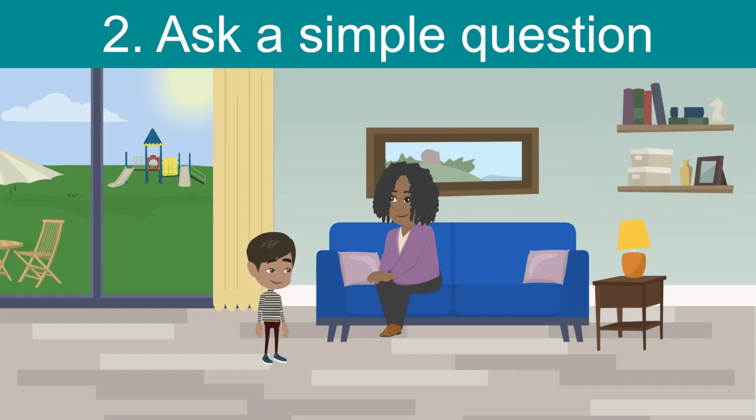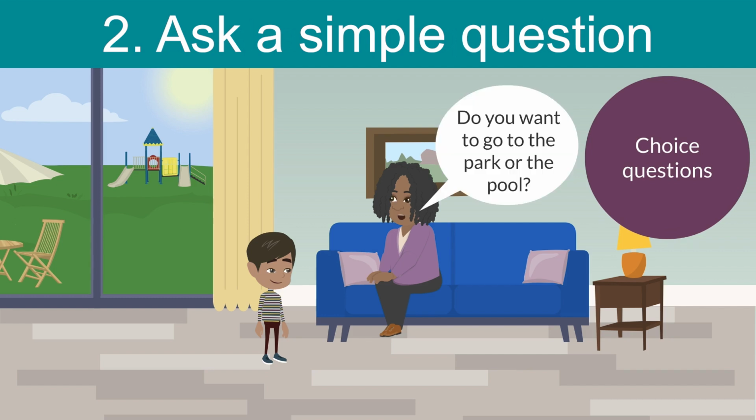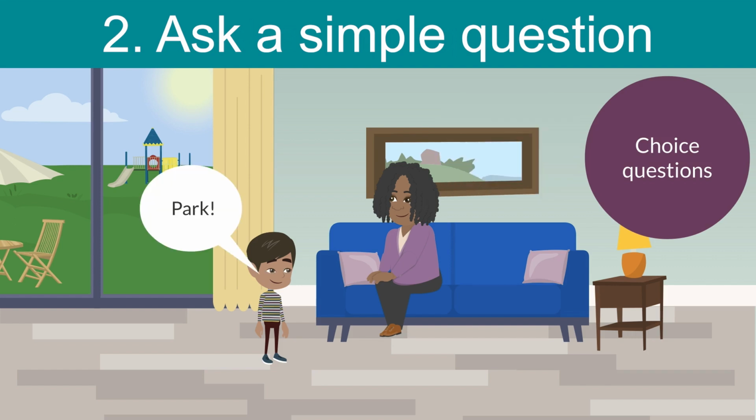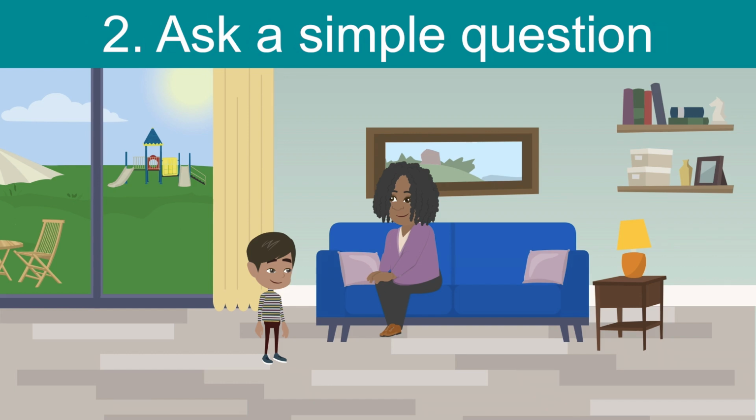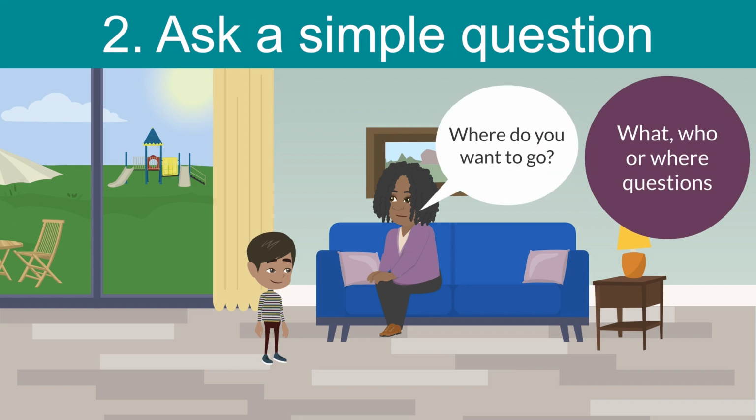You can also try a choice question. For example, do you want to go to the park or the pool? If you give your child 2 simple options, they can answer with one word. A simple question like what, who, or where can also work. For example, where do you want to go?